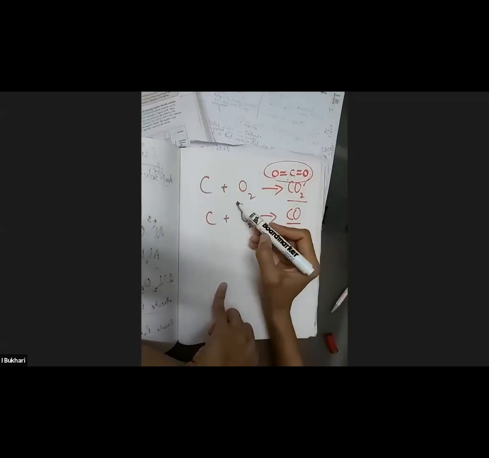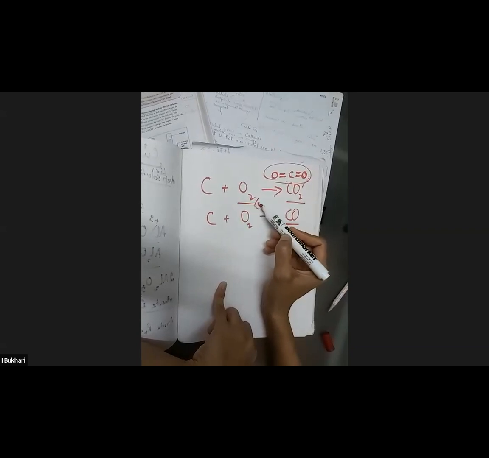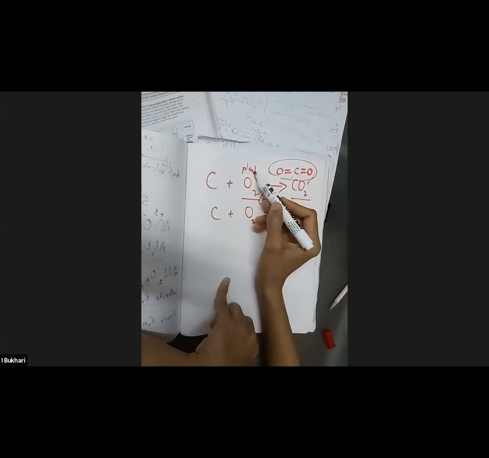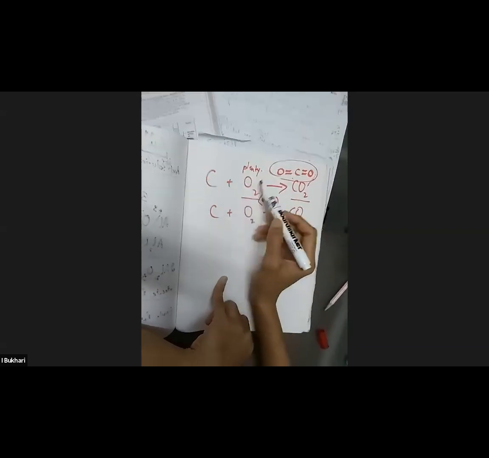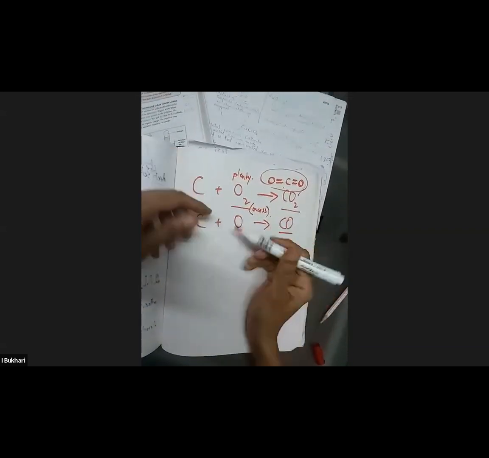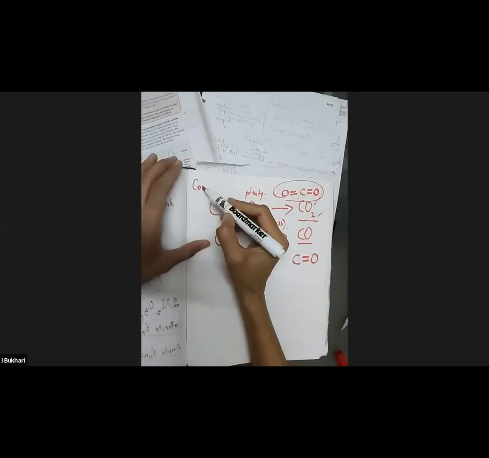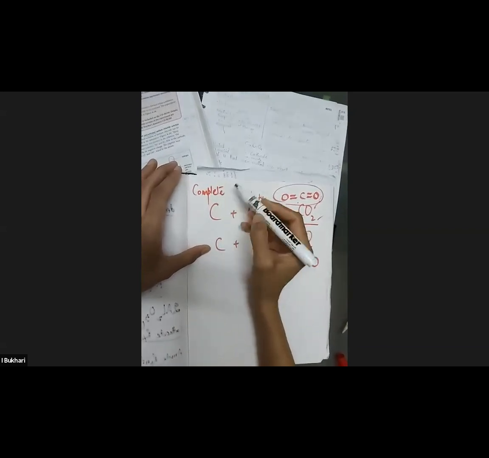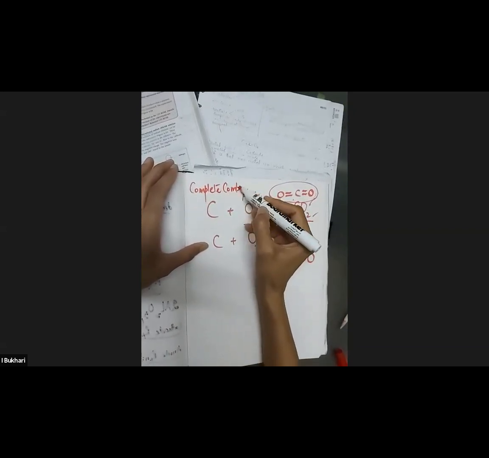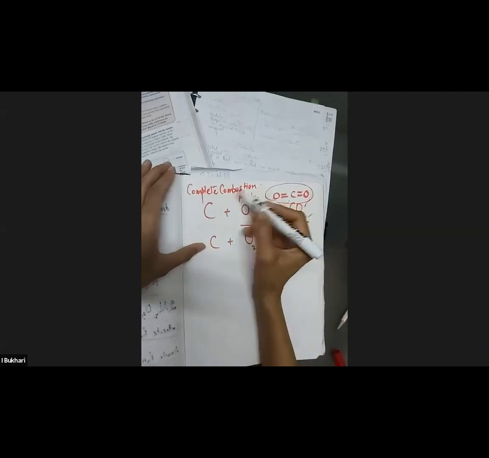So when you have plenty of oxygen, when it is in excess, or if the question uses some adjective that reveals that oxygen is plenty, then you have enough oxygen, like 2 oxygen atoms per carbon atom, so you will get carbon dioxide. This is called complete combustion. Complete combustion means all the carbon has reacted with oxygen to give you carbon dioxide.